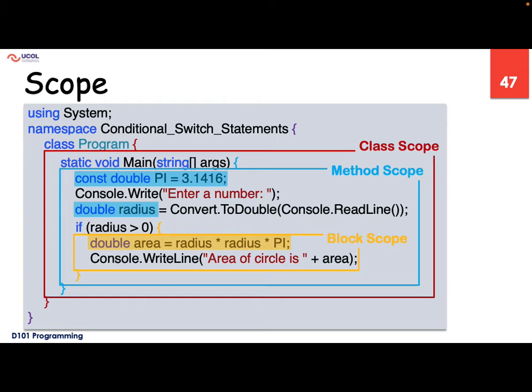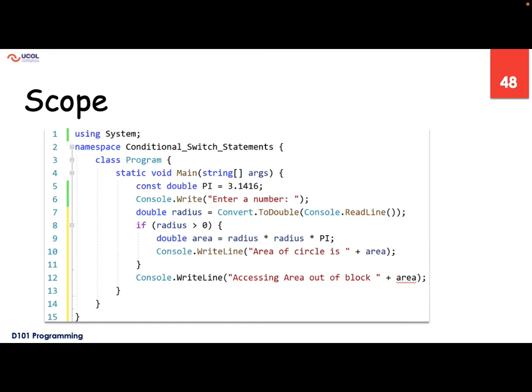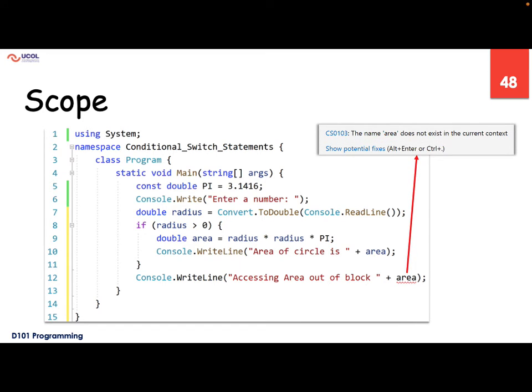For example, I'm just printing a screenshot from my computer, where I try to access that particular area out of that block. And what happened? It gave me a message. It underlines the area, and when you come here, it shows me the message: the name area does not exist in the current context.